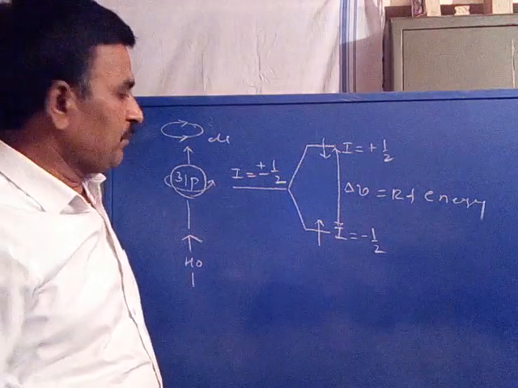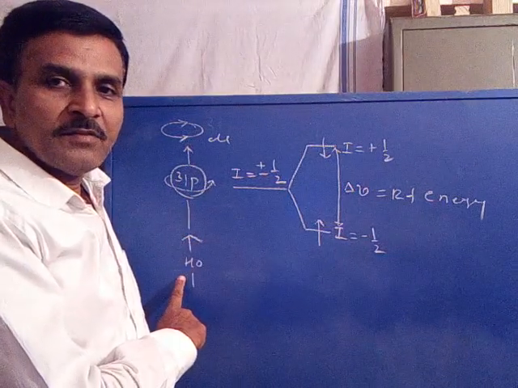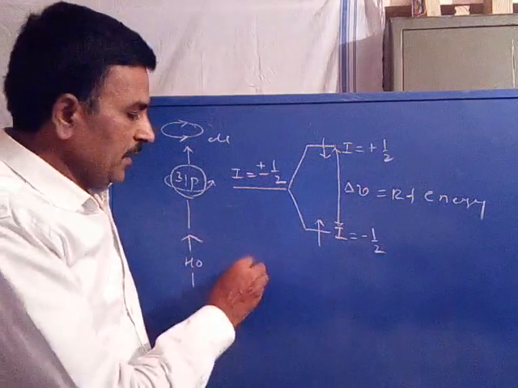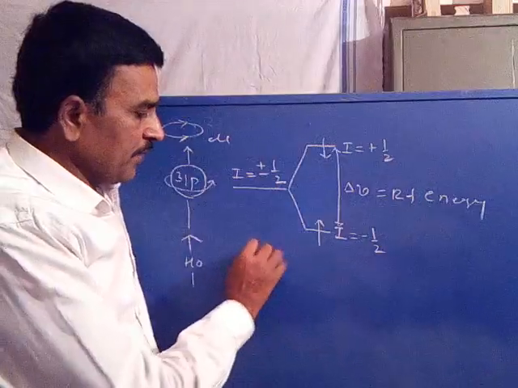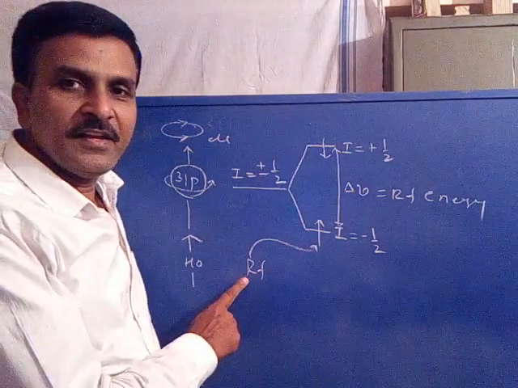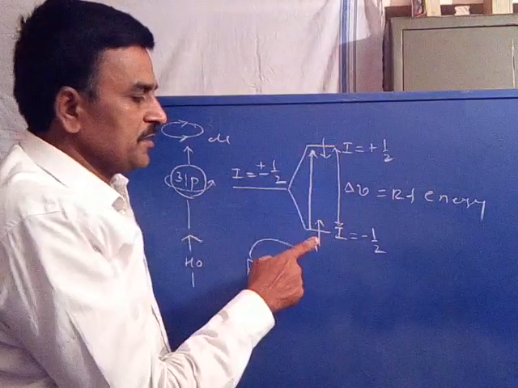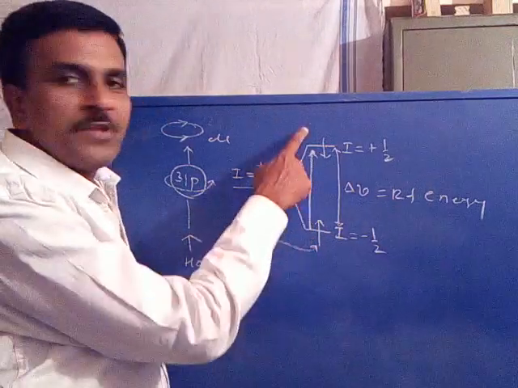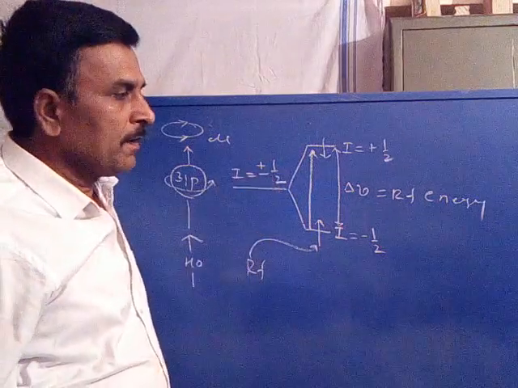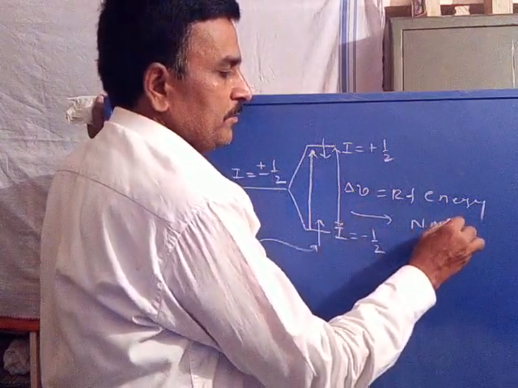Therefore, a phosphorus nuclei under appropriate conditions of external magnetic field absorbs radio frequency radiation to undergo spin transition from lower spin state to the higher spin state, resulting in the spectrum called NMR spectrum.